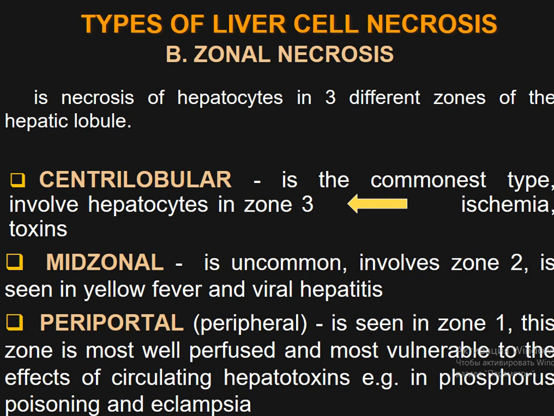The second group of necrosis is zonal necrosis. It represents necrosis of hepatocytes in three different zones of the hepatic lobule and includes different types. The first is centrolobular, the commonest type, involving hepatocytes in the third zone.